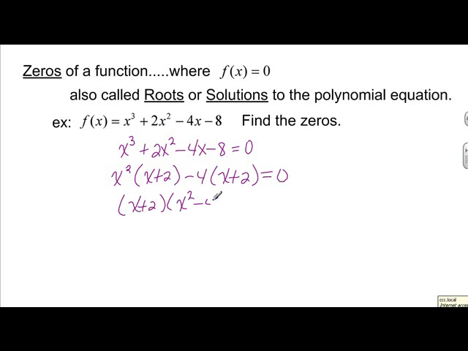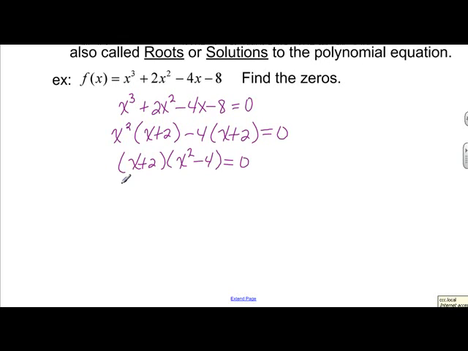X squared minus 4 can be factored as x plus 2 times x minus 2. And the zeros we get from setting each factor equal to 0. We will get x equal negative 2, x equal negative 2, and x equal positive 2 for the zeros.